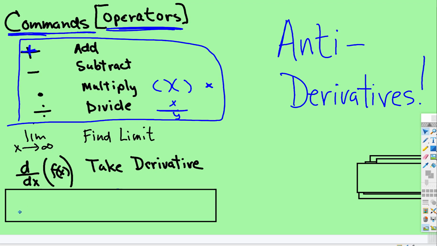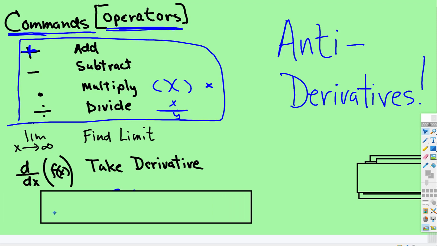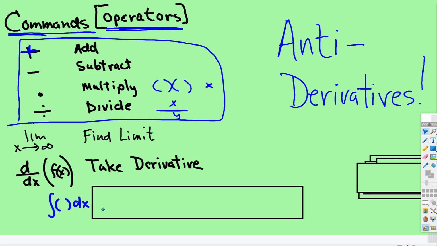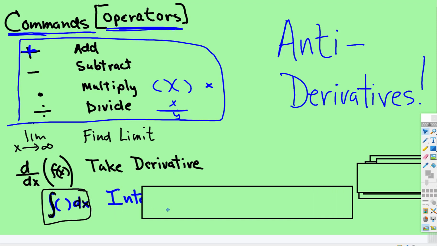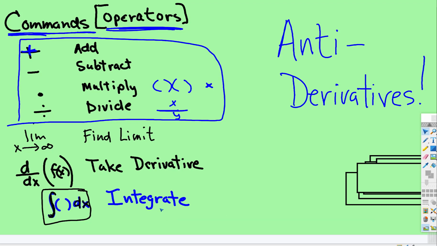Now, I'm introducing a new command or new operator, and it's this symbol right here. This summation symbol paired with dx, those two paired together, and they must be together, mean integrate.